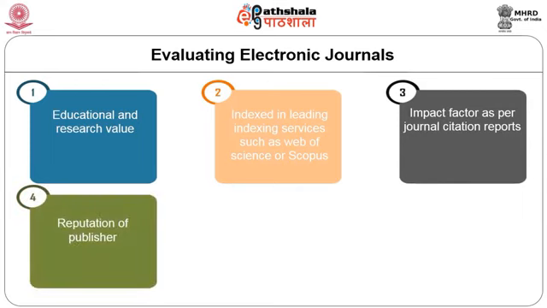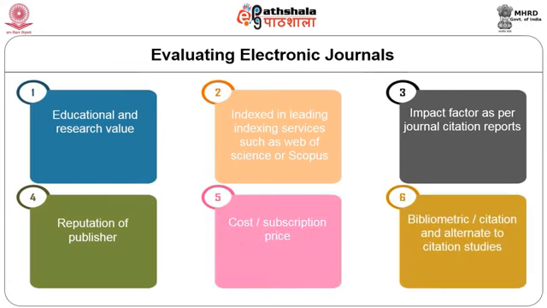It also depends upon the reputation of the publisher and the way the institute will try to identify, based on the citation and bibliometric studies, the tiered journals based on its research focused themes.